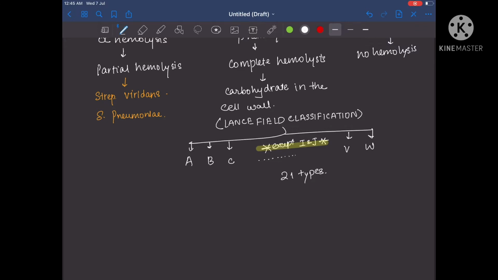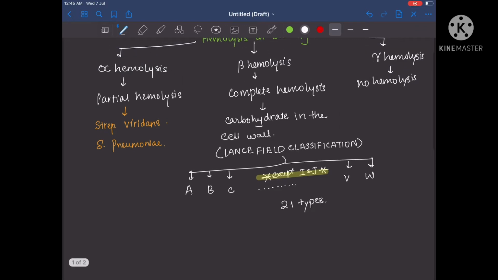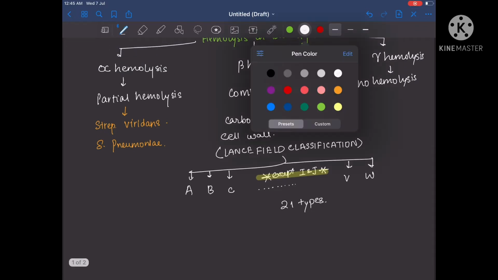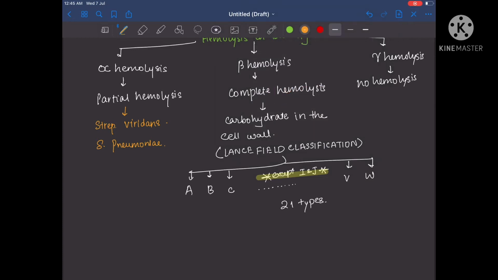So in alpha hemolysis, we have Streptococcus viridans and Streptococcus pneumoniae. In beta hemolysis, we have group A beta hemolytics and group B hemolytic Streptococcus, and in gamma hemolytics, in which there is no hemolysis, we have Enterococcus.